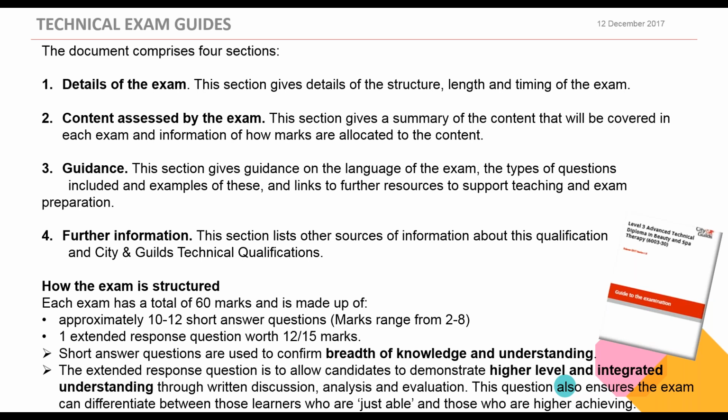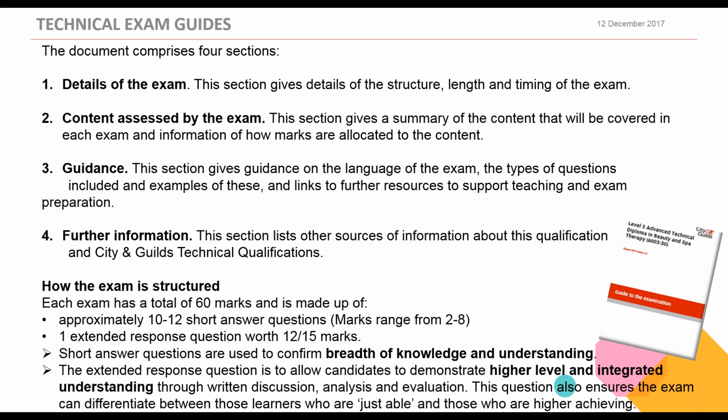We're going to go through one today for makeup artistry. I've chosen makeup artistry because it has a bit of hair and a bit of beauty in it, but we have each of these exam guides for every technical qualification. The way you find them is if you go into your complex number: if it's hairdressing it'll be 6002, beauty therapy 6003, media 6010.